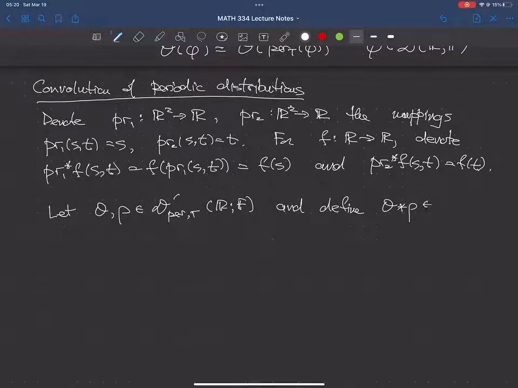All right. Okay, so I need to tell you what theta convolved with rho does to a periodic test signal psi. All right. Okay, so what you do is you use a definition that's, so let me write it down, and then I'll try to explain where it comes from.